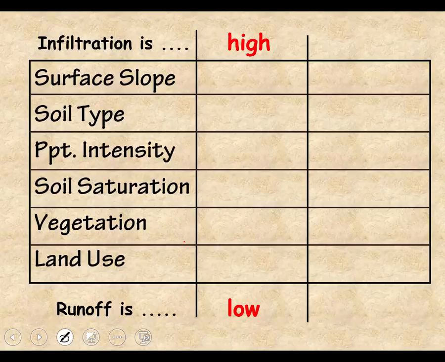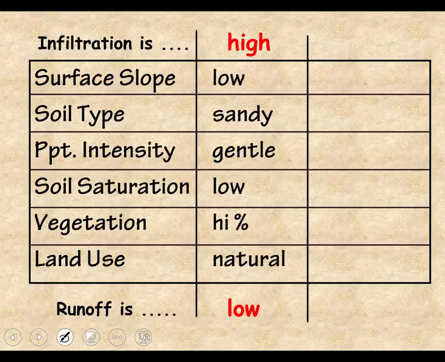Well, let's see. Surface slope: low slope, low runoff, high infiltration, because essentially it's not moving very fast. At the extreme is flat. Sandy soil, that makes sense. Again, sandy soil would be more permeable.